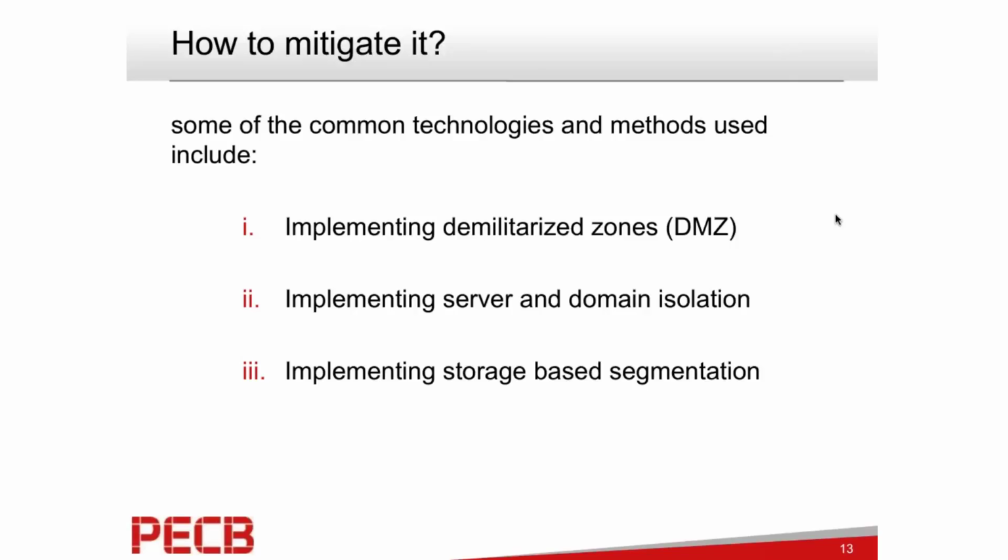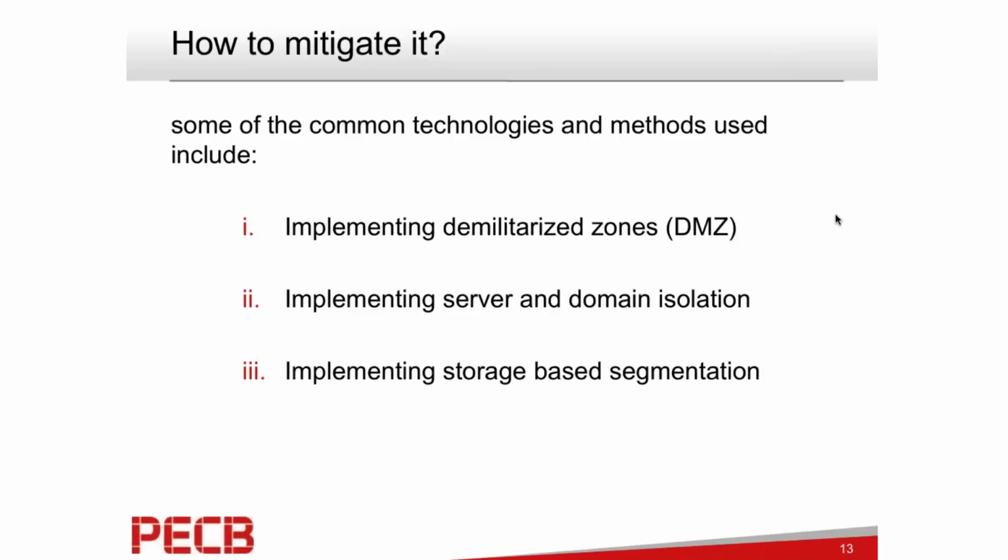Even if you are running a flat network, most corporates and most companies now are mature enough to host at least their mail server and their web server and their internet-enabled applications in the DMZ, not inside the intranet. Implementing server and domain isolation. So you have a small VLAN for servers if your company is too small to have a separate data center, for example.